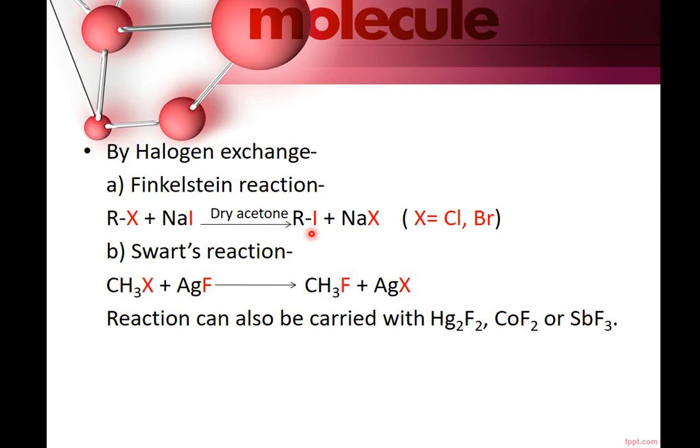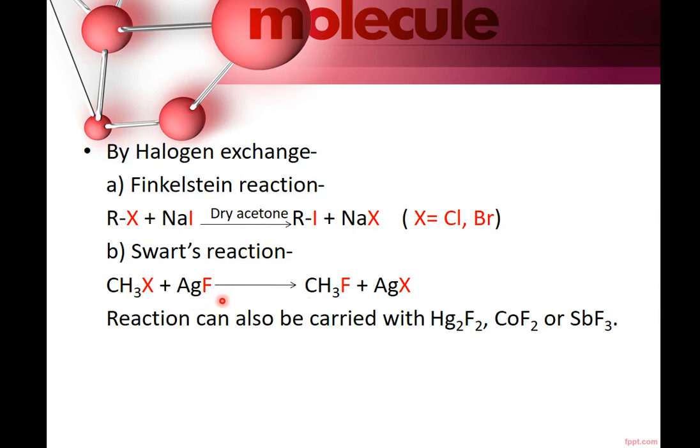Then next we have the Swarts reaction. Swarts reaction is the best method for preparation of alkyl fluorides. Here alkyl chloride or alkyl bromide is made to react with silver fluoride.